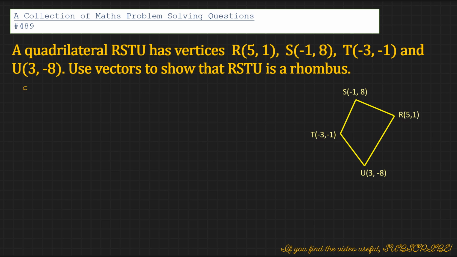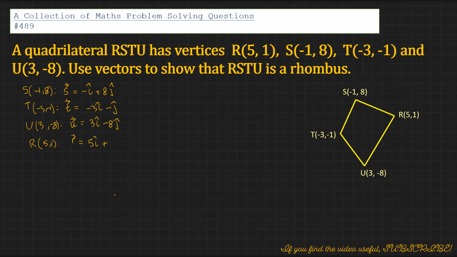S(-1, 8) is vector S equals -i plus 8j, where i and j are unit vectors. Similarly, T(-3, -1) can be written as vector T equals -3i minus j. Vector U is 3i minus 8j, and R, which is (5, 1), can be written as R equals 5i plus j. So we have the points as position vectors.